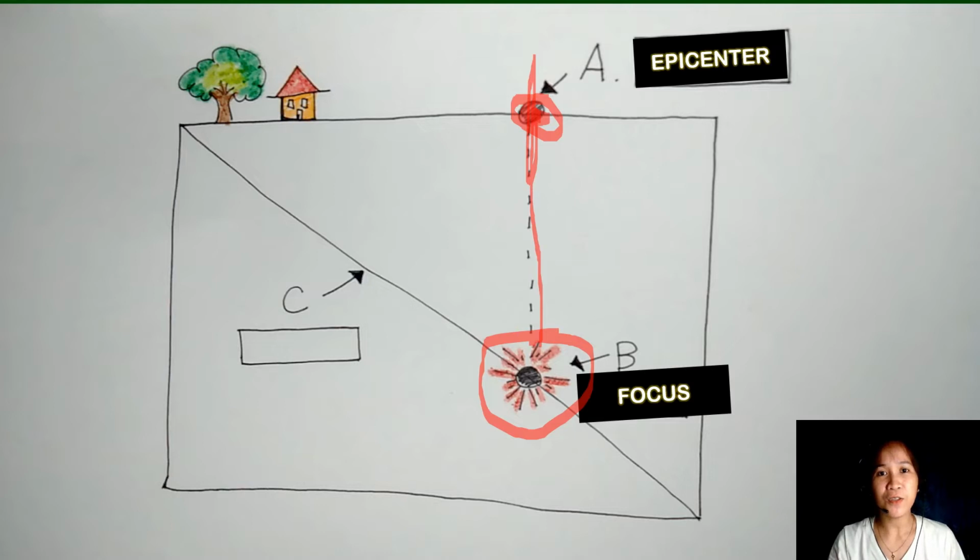So, an earthquake always starts at what point? Yes, in this point, letter B, the focus. Point B is also known as hypocenter. Kung meron tayong epicenter, meron ding hypocenter. So, what is a focus or hypocenter? This is the site where the rocks break or where the earthquake started.